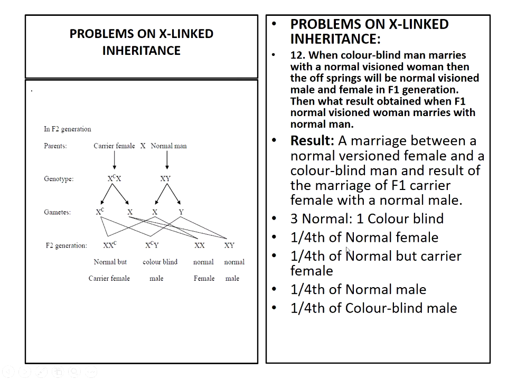So 1/4 normal female, 1/4 normal but carrier female, 1/4 normal male and also 1/4 color blind males are going to be obtained.